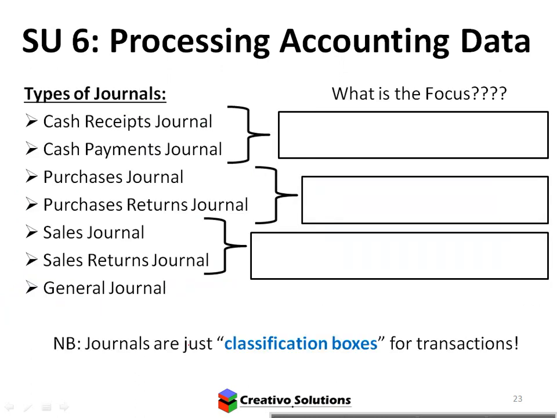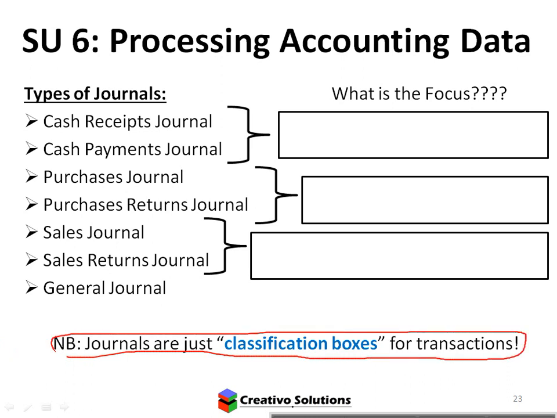And that's why we have accounting books, we have journals. A journal is a classification box for transactions. It means I'm grouping similar transactions in a particular journal, because they're similar and affecting the same accounts.